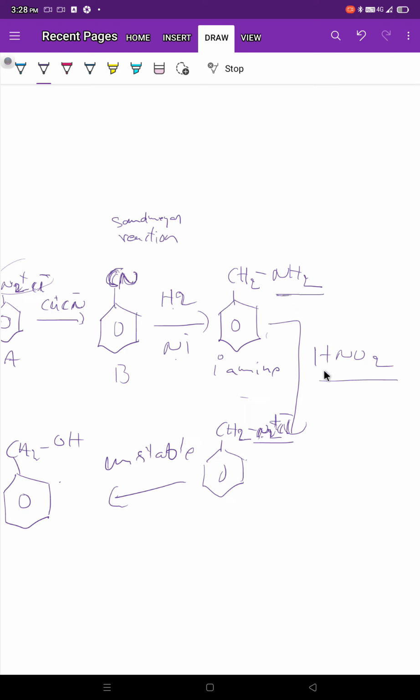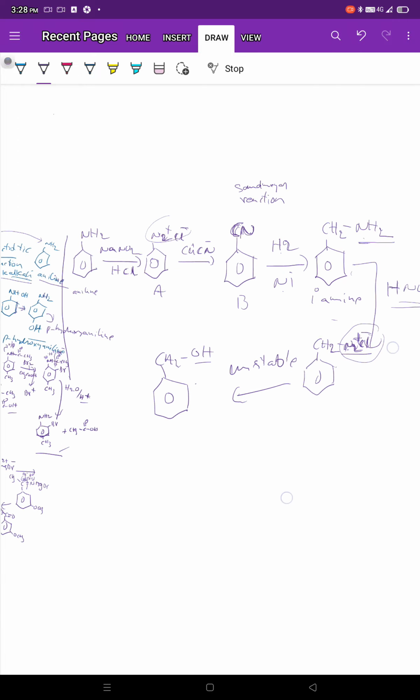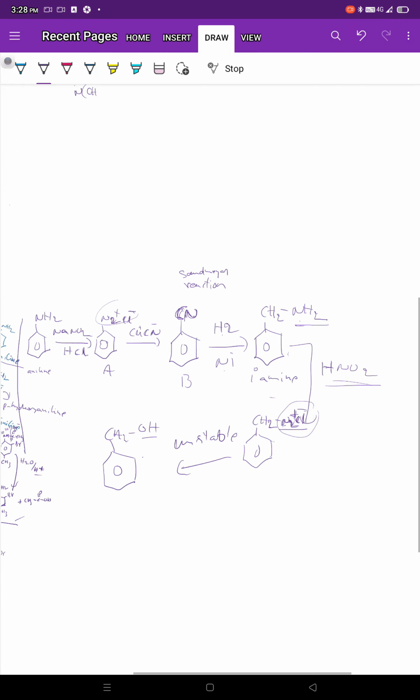Then on reaction with HNO2, this is converted into N2 plus Cl minus. This is unstable, so it is converted into OH. This is the way you can remember.